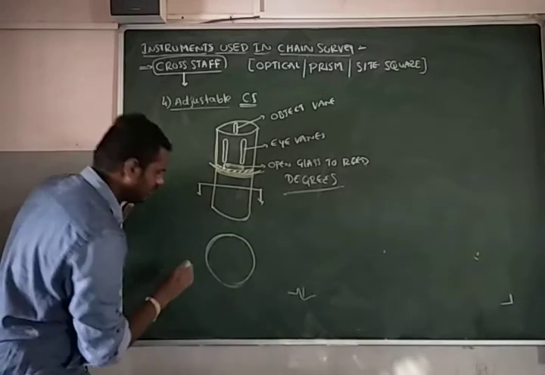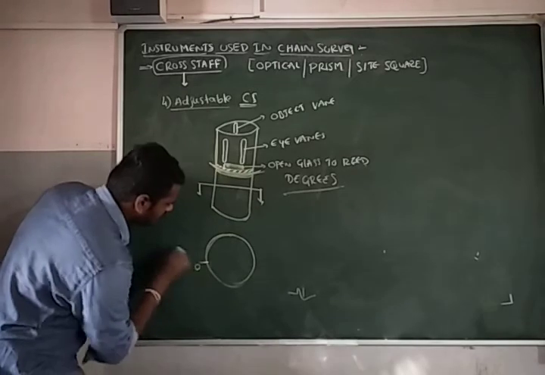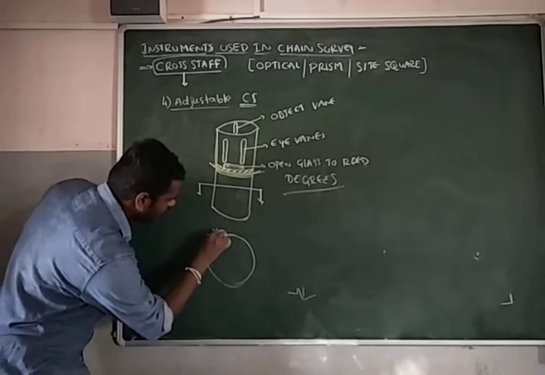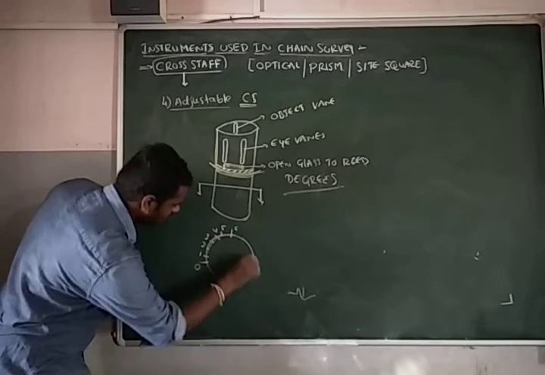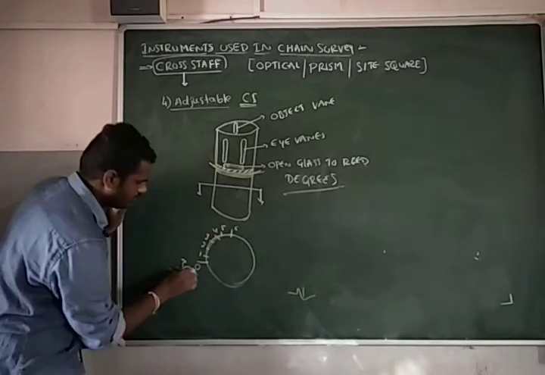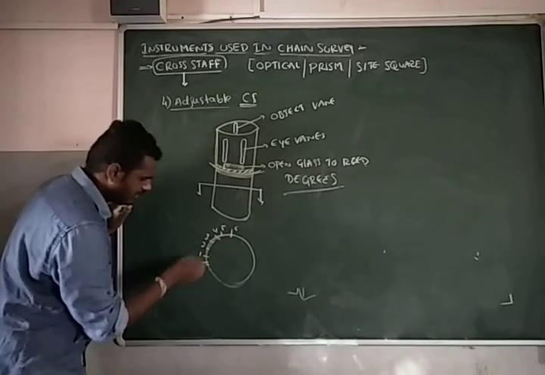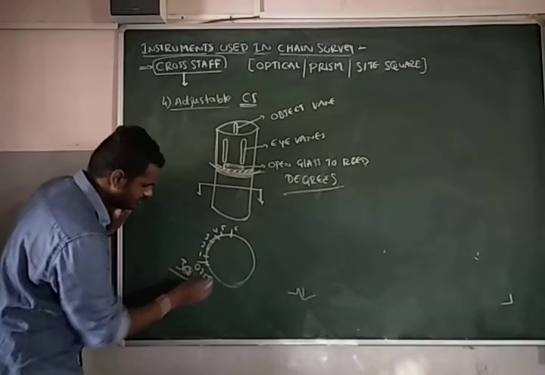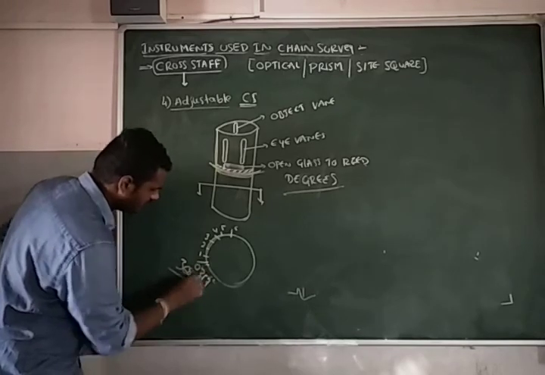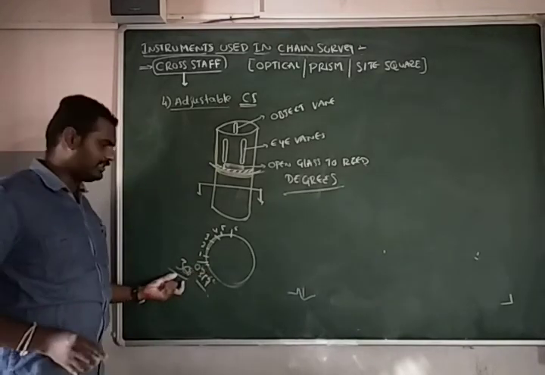Initially it has 0 degrees, 1 degree, 2, 3, 4, 5, 6, coming finally to 359 degrees and finally 360 degrees.